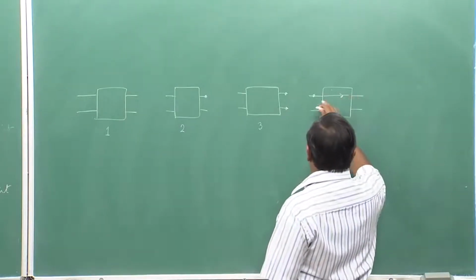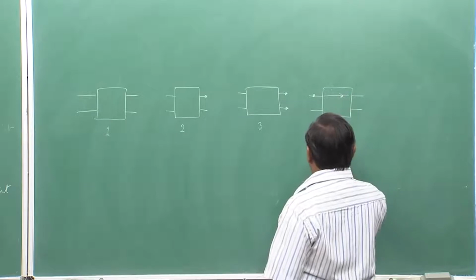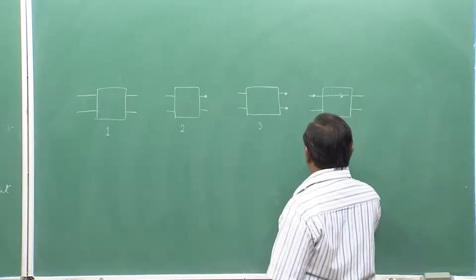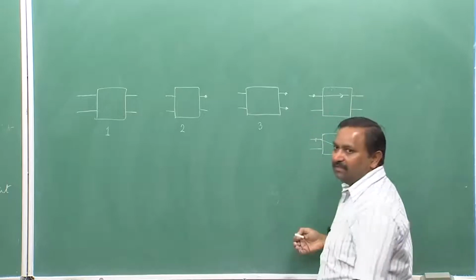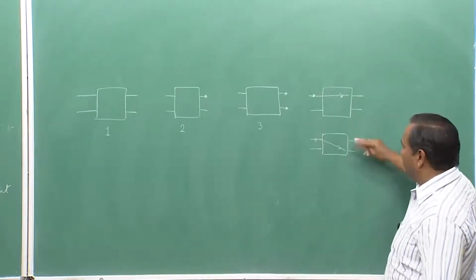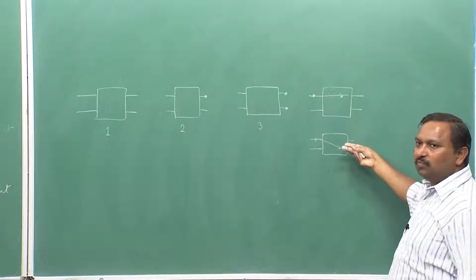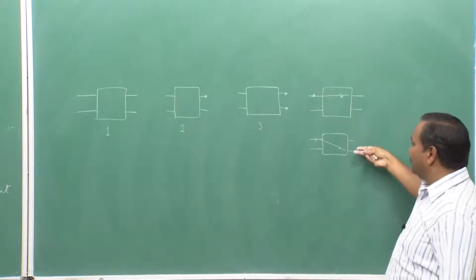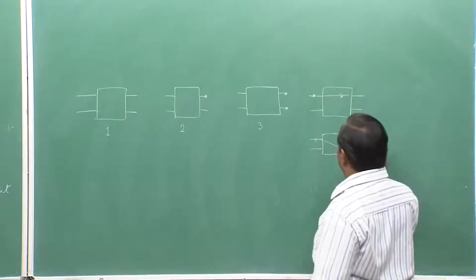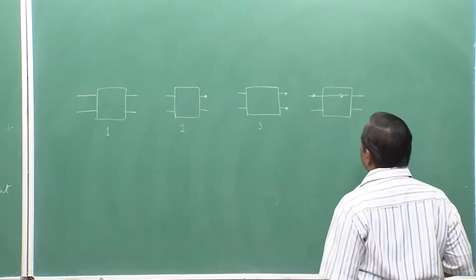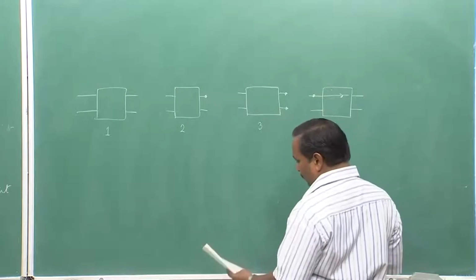The packet can go here, and this state is equivalent to this one; these two are the same state, because I can always swap the two outputs. So only this state is possible, and I define it as state 4.